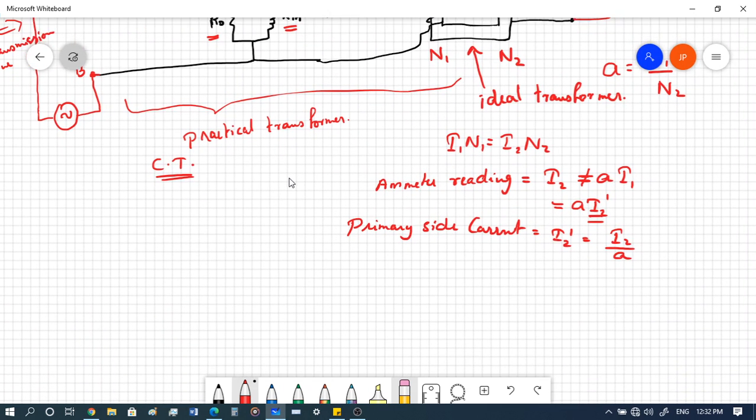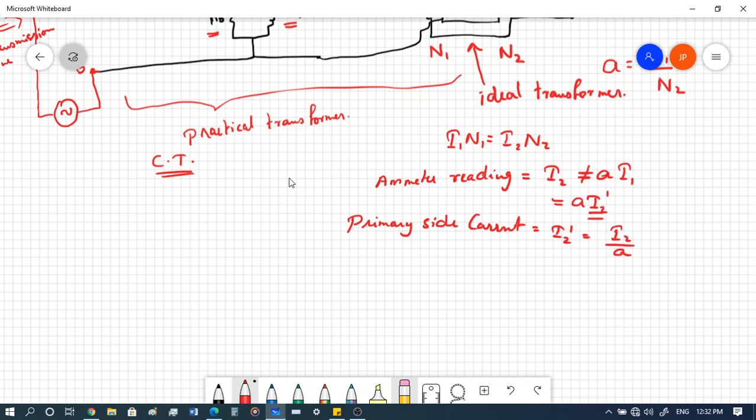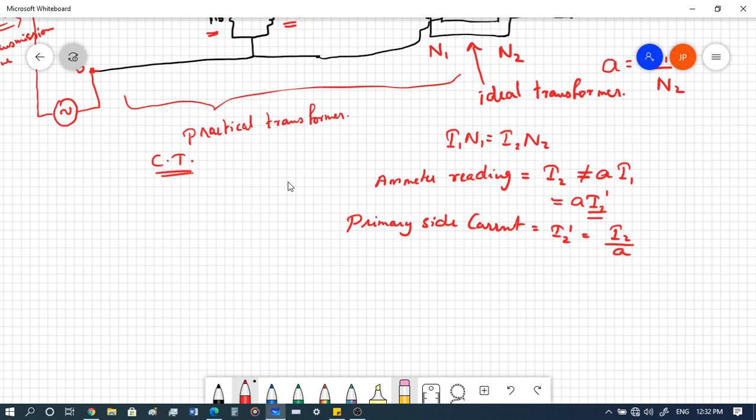A is N1 by N2. From the circuit we can clearly see that the I1 current is getting split at some point: there is a current I0, and then there is the other current I2 dash, right? Which means that I2 dash is not equal to I1 in this case.